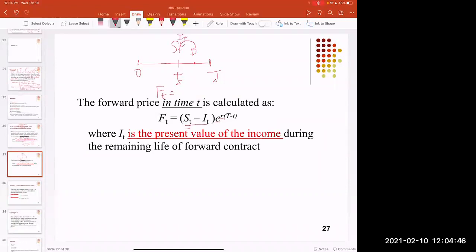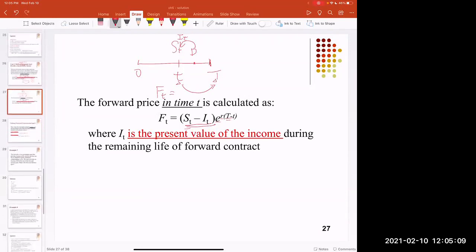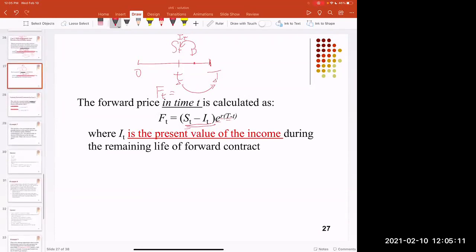So we deduct It from St, and then continuous compounding from small t to capital T. Okay, so as long as you understand case 1, case 2 is very similar. Just deduct the present value of income, and otherwise it would be similar to case 1. Okay, so here let's talk about the price.